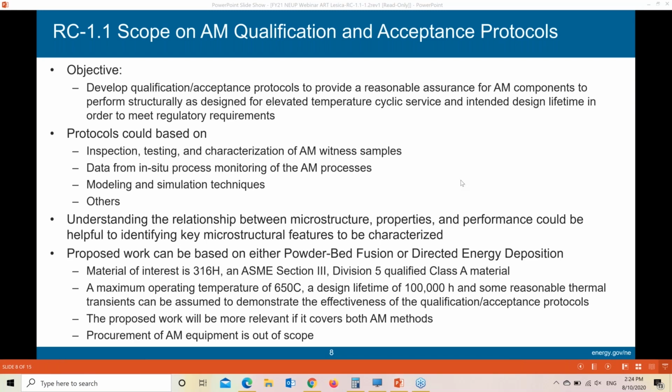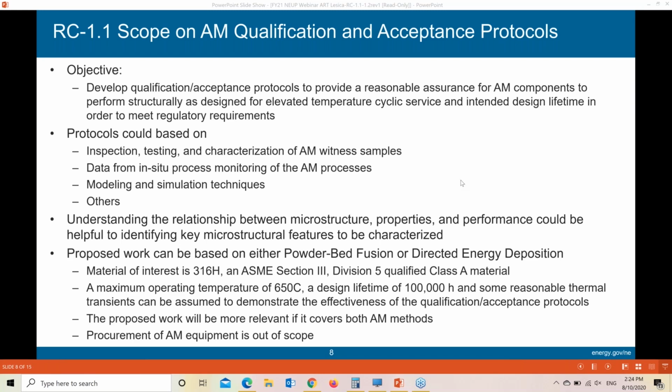For RC 1.1, are you interested in developing a code case for additive manufacturing as a manufacturing technique? Yes, ultimately we are interested in understanding the technique in terms of acceptance and qualification methodologies.